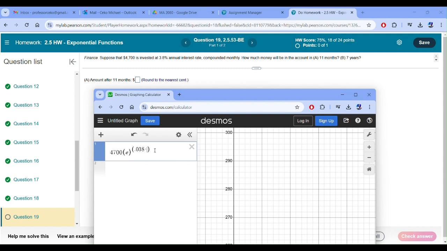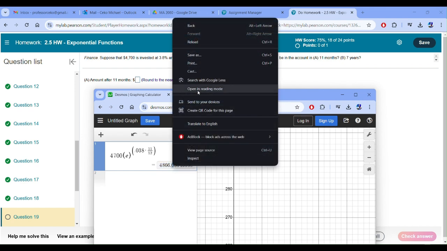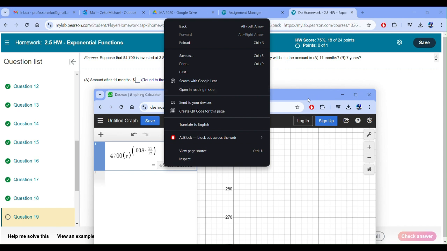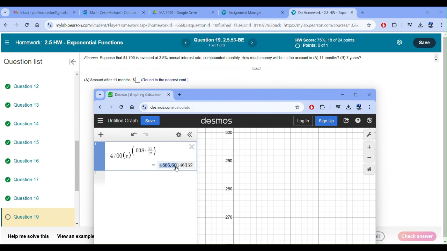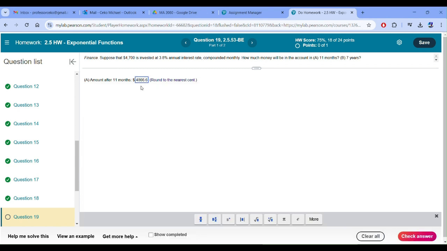So what I would do here is change this into 11 divided by 12. So after your 11 months, it would be worth this. I'm just going to go like this. Oh, nope. I've got to control copy, control V.